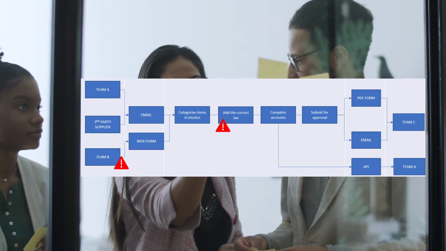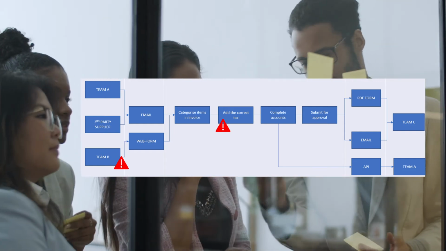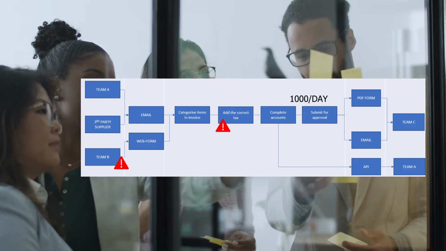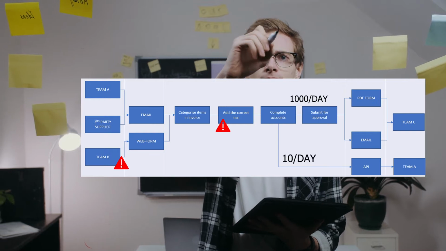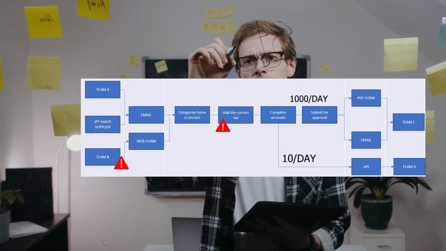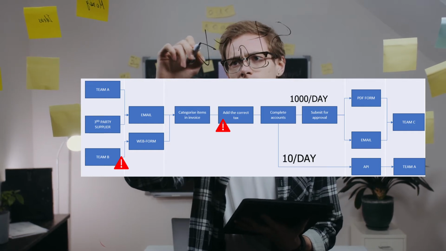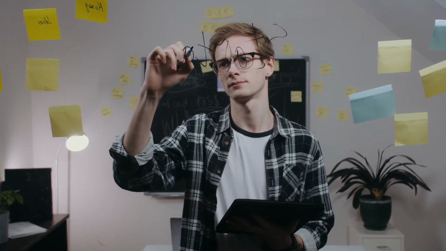And you can even put the metrics on: this process we handle 1,000 customers a day, and this process we only handle 10. And with these different metrics and issues and this multi-dimensional map that you've created, you can really start to see in one page everything that's going on in that team.